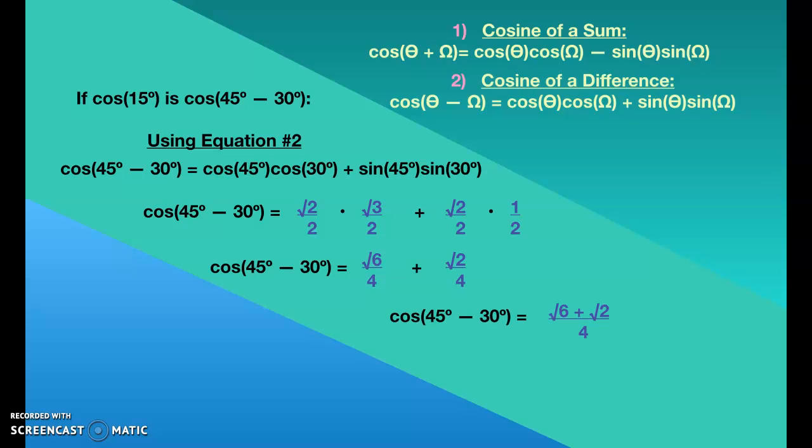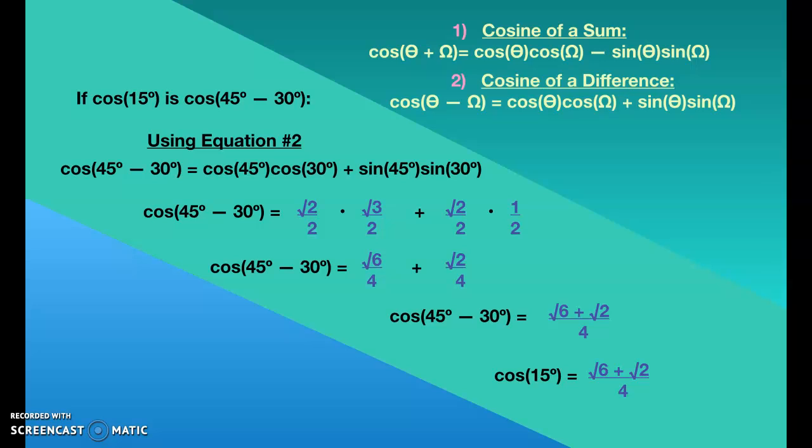Same common denominator, so you just add them together. And that is the form that I want them for the homework. Don't give me decimals. Shelby, I'm looking your way. Keep these as fractions. Keep the radicals in them. All right, so that's how it works for cosine. You would write your final answer that way.